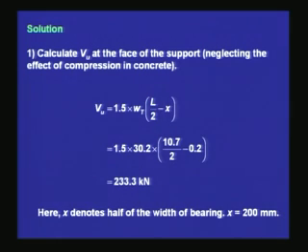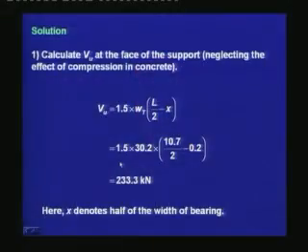The expression of Vu is equal to 1.5 times, which is the load factor, times Wt within bracket L by 2 minus x, where x is the distance of the face of the support from the center line of the support. Since the supports are 400 millimeter wide, the value of x is half of 400 millimeters, which is 200 millimeters, equal to 0.2 meters.